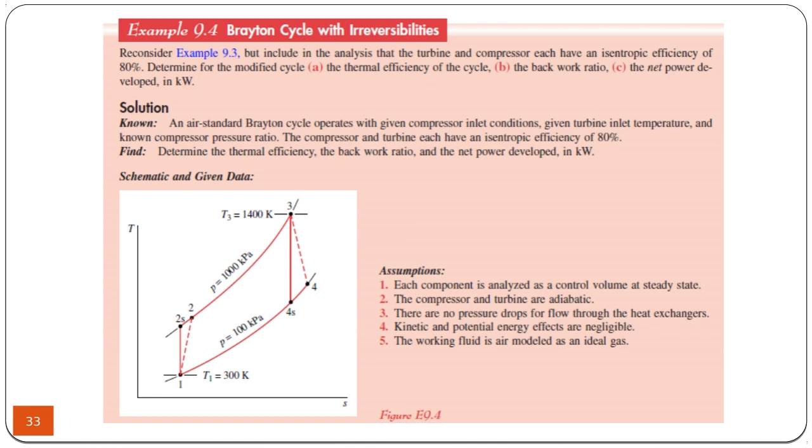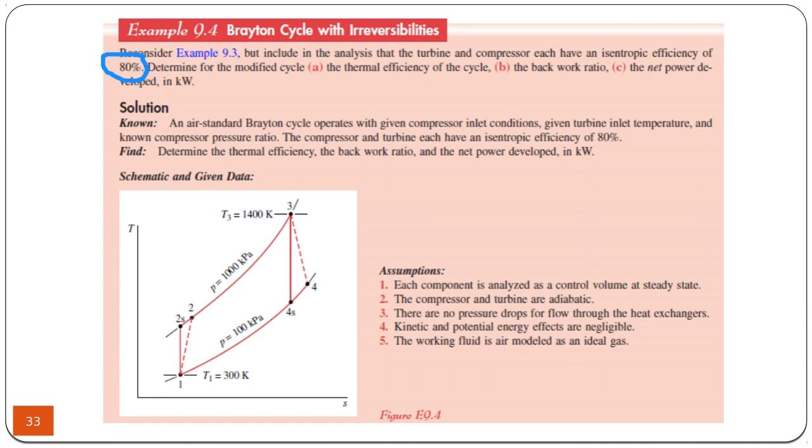Their efficiencies are given as 80%. So both the turbine and compressor have an isentropic efficiency of 80%. Also, the other data is given as the same as the previous example.